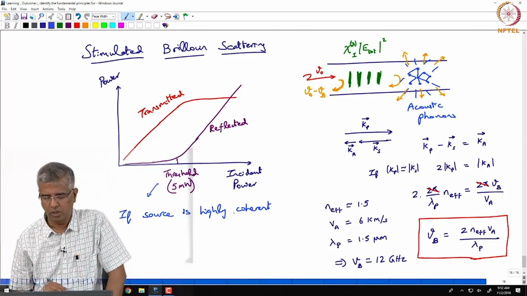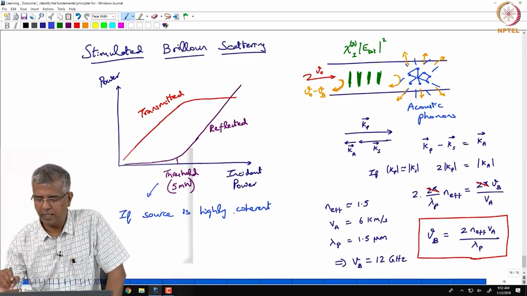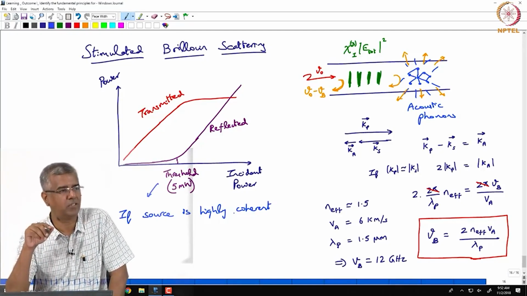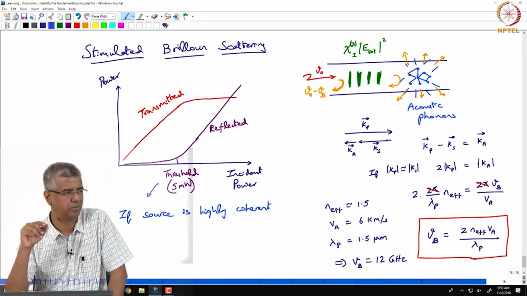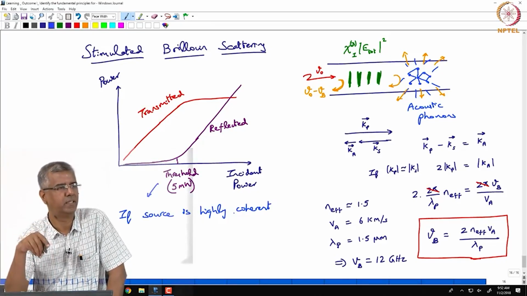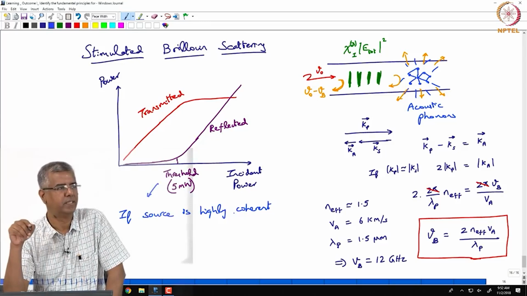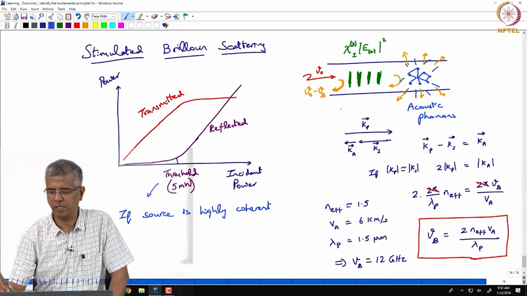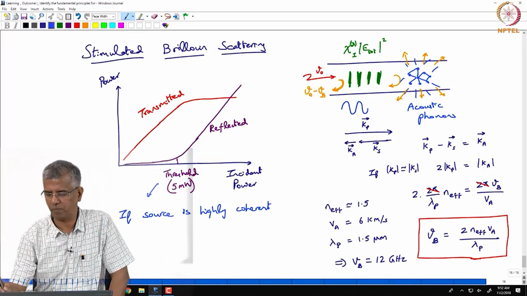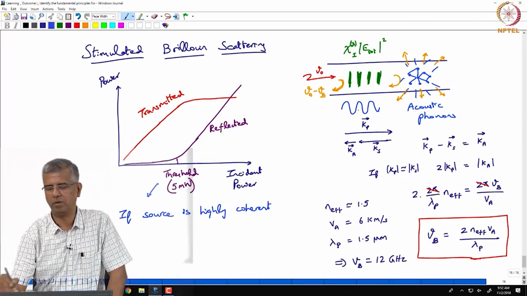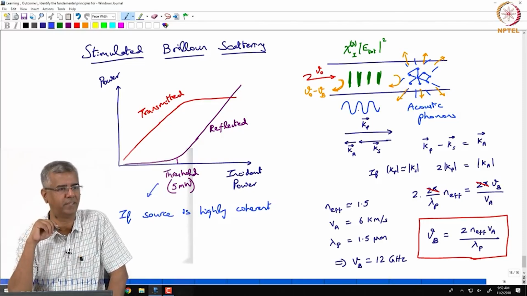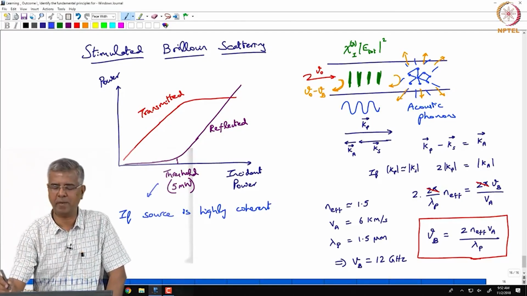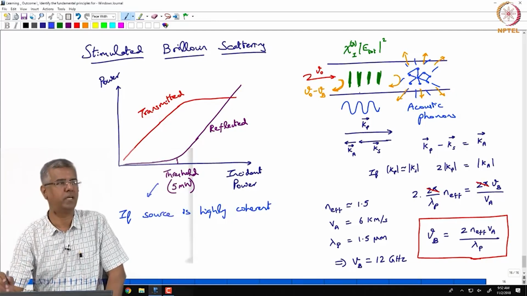What do I mean by that? If my source is highly coherent, that means it's a monochromatic source. It has only one color. If it has one color, then I have a very specific wave pattern like this, and then my interference fringes are very strong.